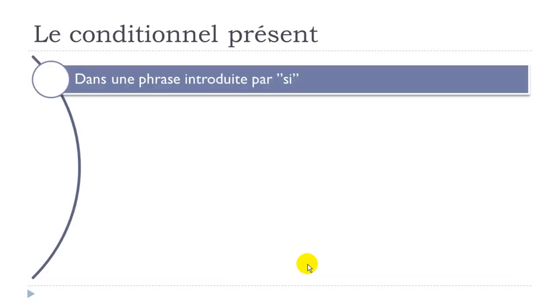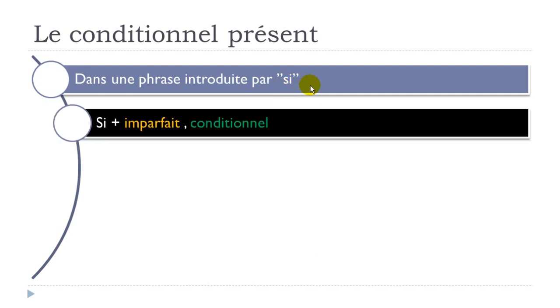Another use of this conditionnel présent is if you want to construct a sentence, like in English, with this if. If in French is si. The rule is quite strict in French. If you start with si, then it should be followed by the imparfait form.